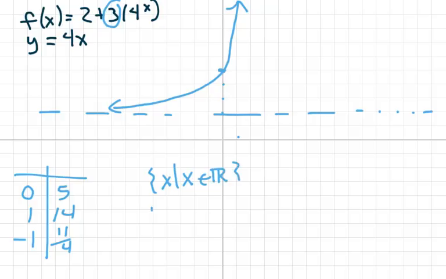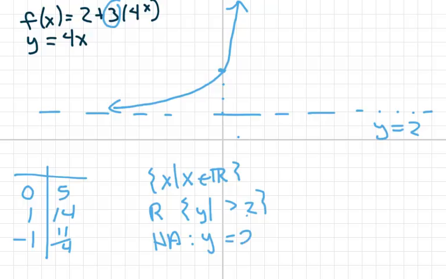The range is y bigger than, this is y equals 2, right? So it's bigger than 2. And your horizontal asymptote is y equals 2. And this was 41.